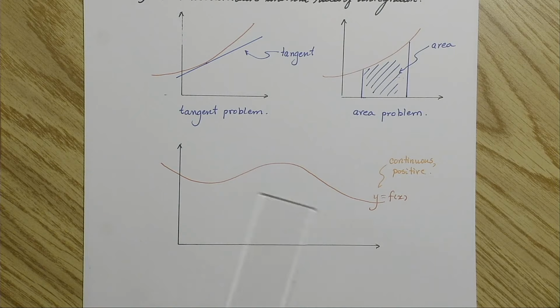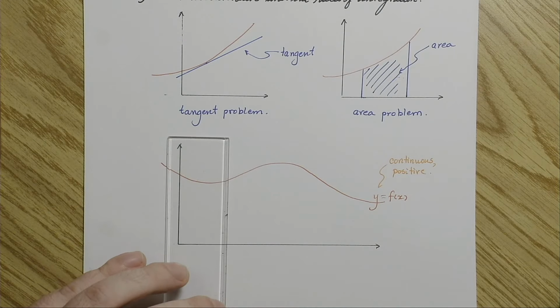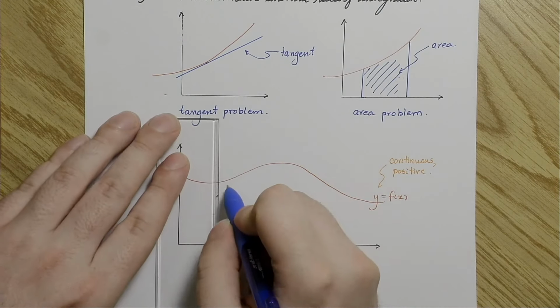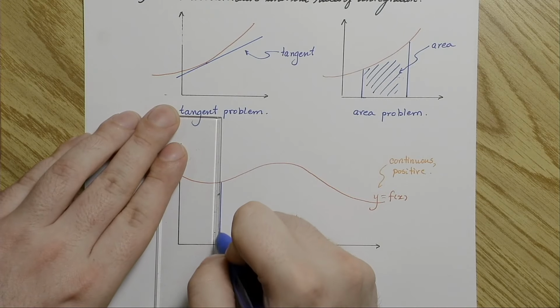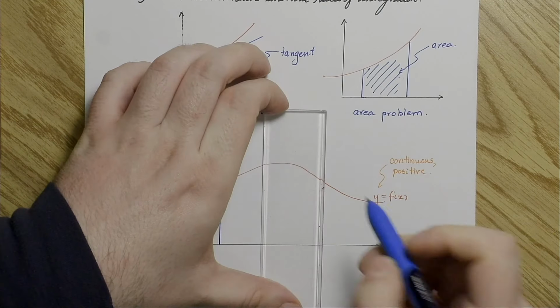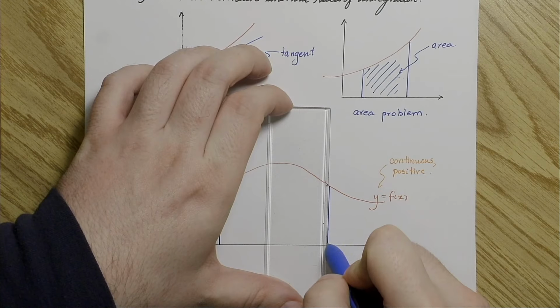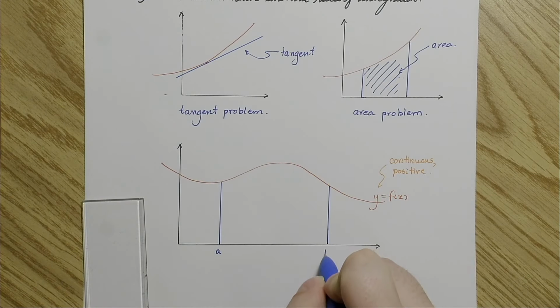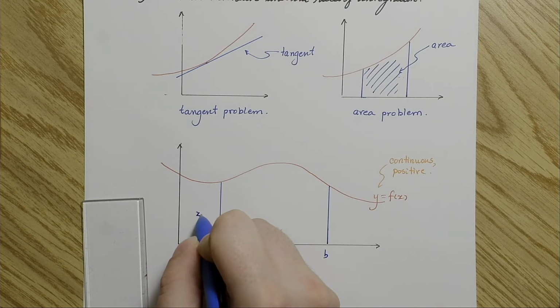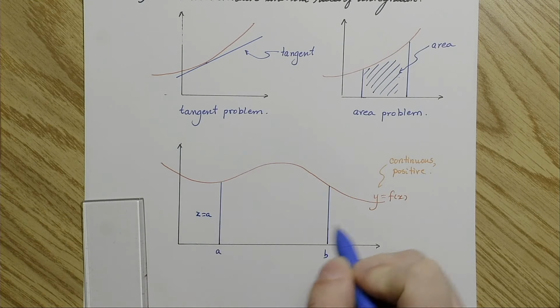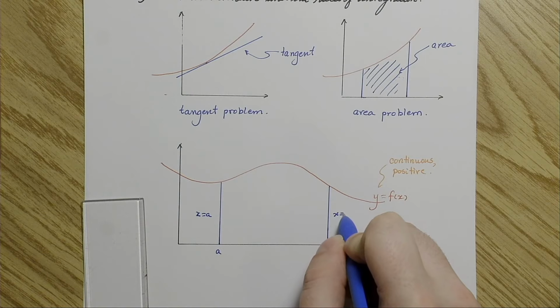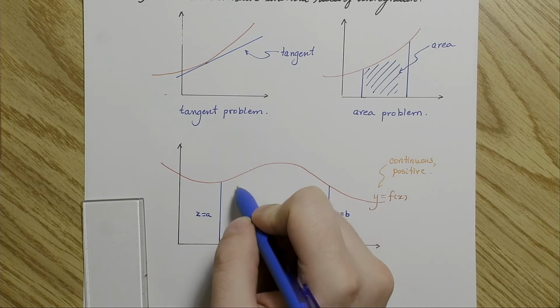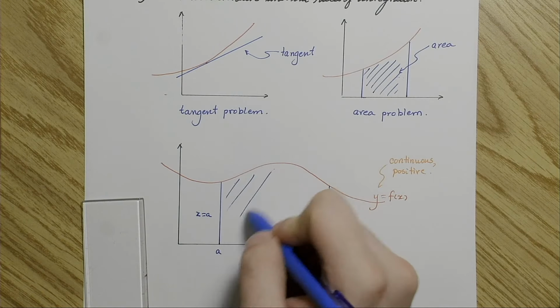We draw some boundaries here, and we call this a and this b, the line x equals a and the line x equals b. We want to know what this area is.